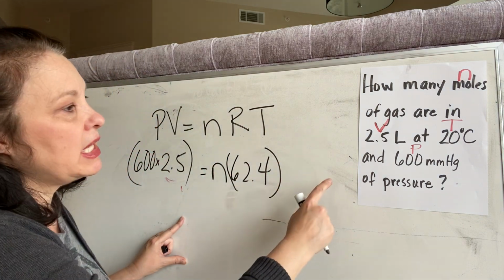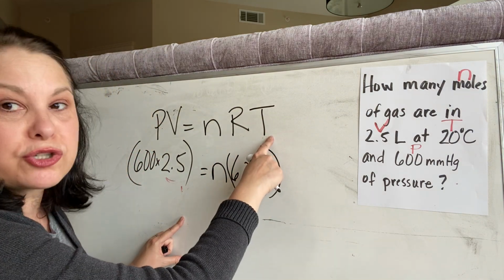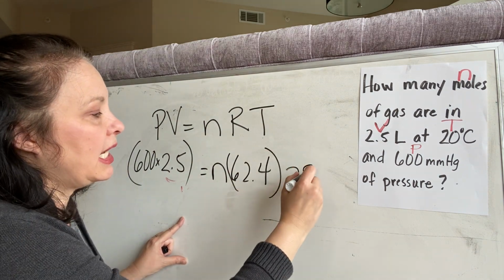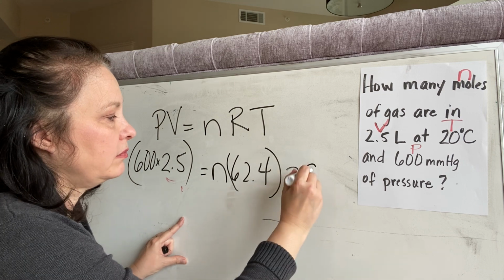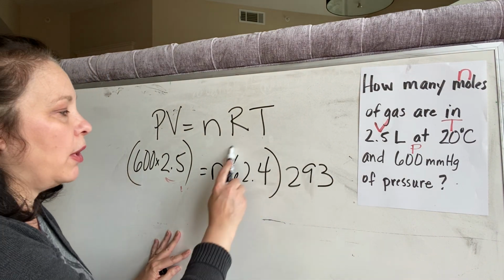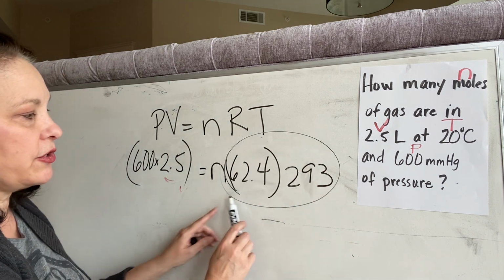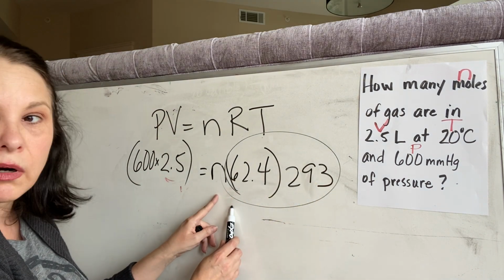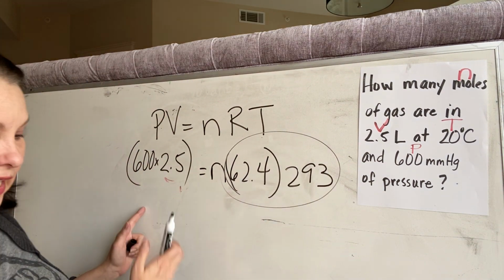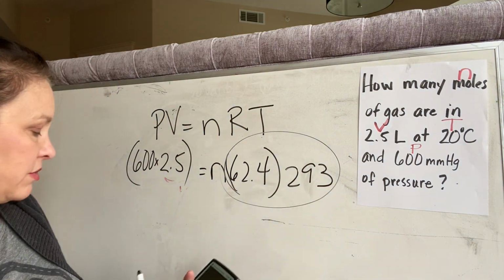So that means I have to say 20 plus 273, which will take me to 293. Basically, I would multiply these two numbers together, so I just end up with one number with that N. And then I would multiply these together, and I'll do this for you real quick.